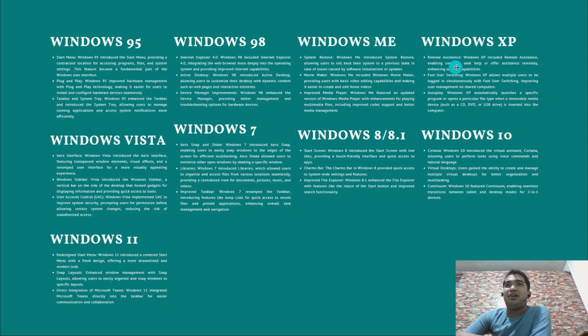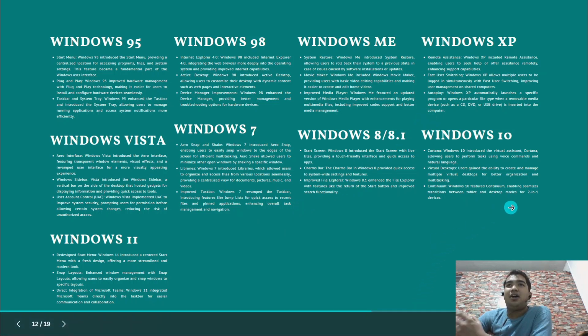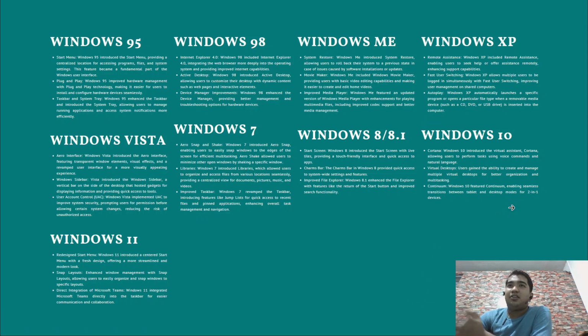Windows XP introduced remote assistance, which allows the user to seek help online. Fast user switching, which allows you to switch users via boot up, and autoplay, which launches a particular file or program when a USB is inserted, or a CD.